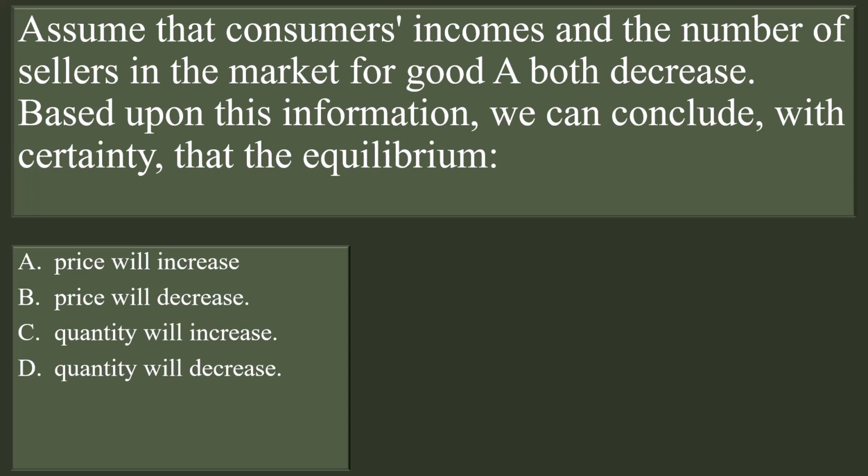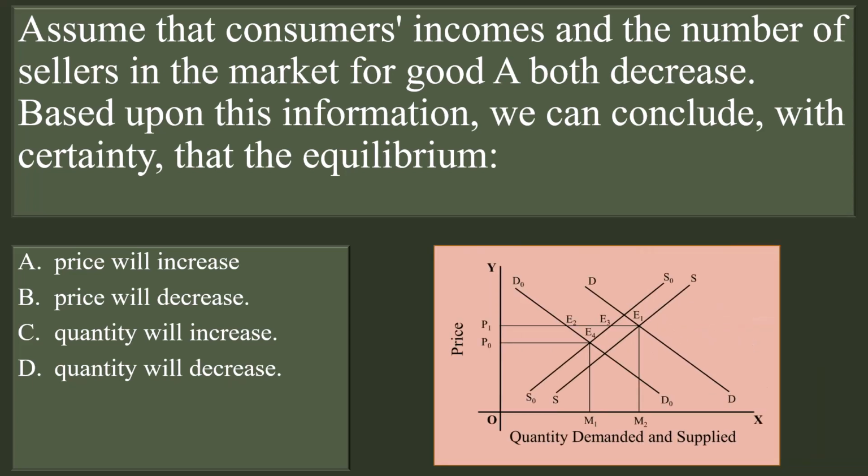Look at this graph. D is the demand curve, S is the supply curve to begin with. The demand decreases, the new demand curve is D0. The extent of decrease in demand is greater than the decrease in supply. The new supply curve is S0. Now look at the initial price and initial quantity.